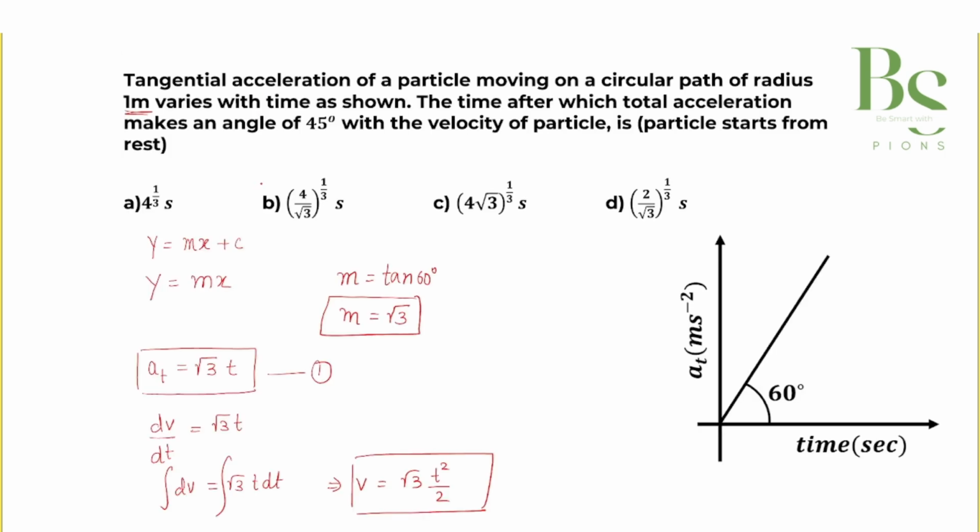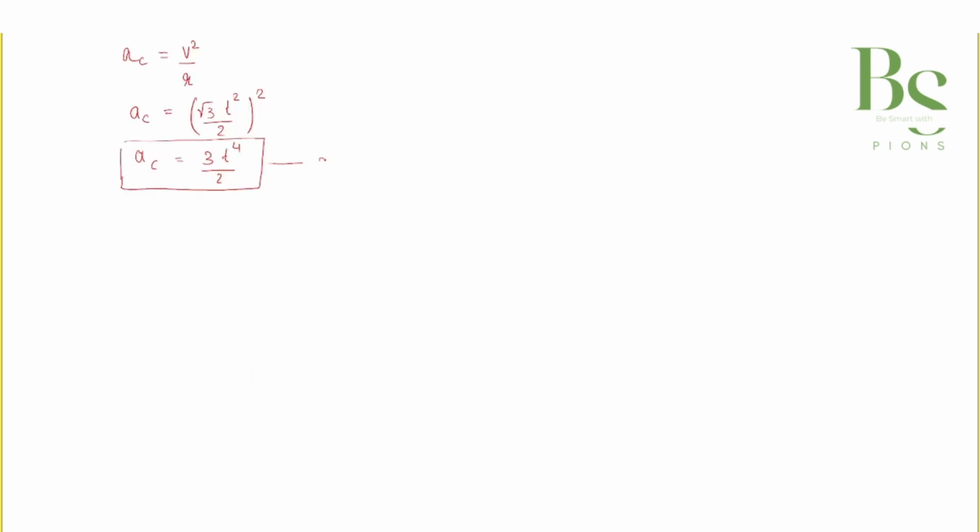This is our centripetal acceleration, and that is our tangential acceleration from equation 1. Let me write this as equation 2. The net acceleration will be, and both are what? Perpendicular to each other, right? Tangential acceleration and centripetal acceleration are perpendicular to each other. So, the net acceleration will be A, and this A will be equal to, if the tangential acceleration is along the x-axis, then centripetal will be along the y-axis, or vice versa, anyhow you can.